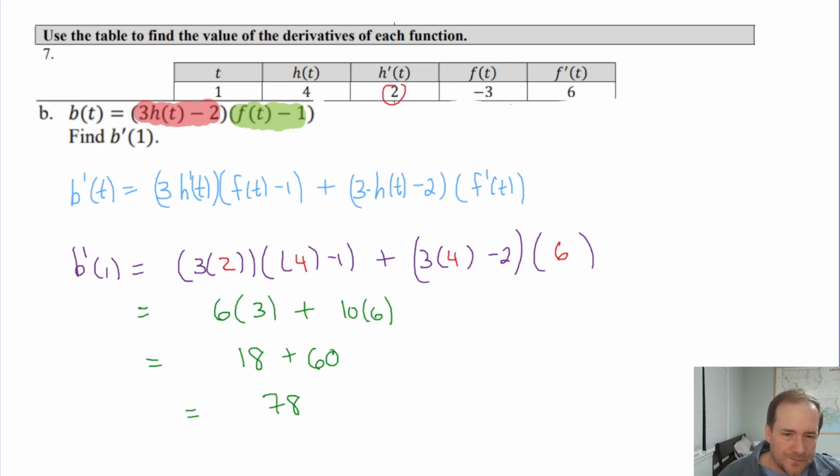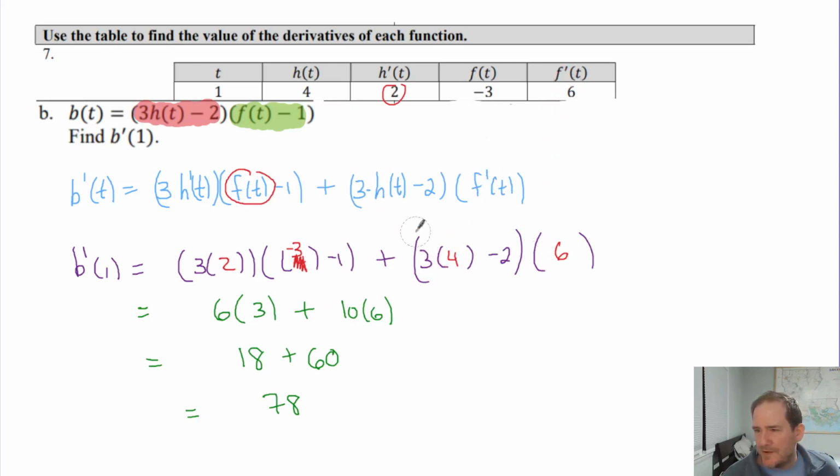So I'll pause it. Okay, found my error pretty quickly. Right here. It says f of t. But I grabbed h of t and plugged in a 4. We need f of t. So this 4 right here is supposed to be a -3. And I think that's hopefully the only mistake I made. H of t, that's the real 4.